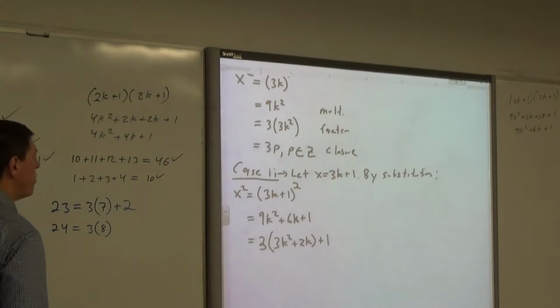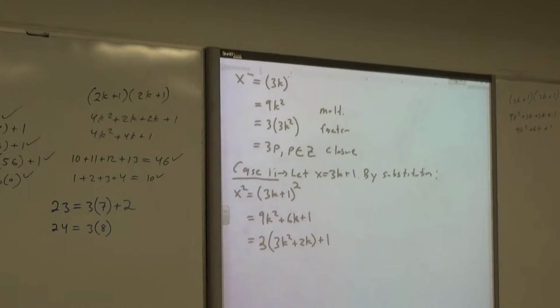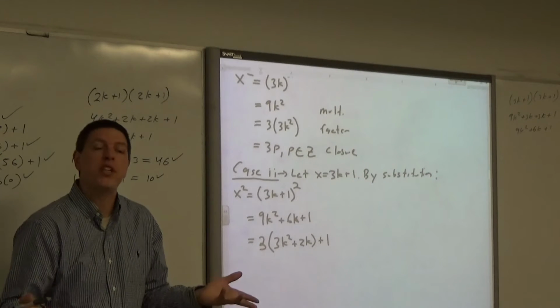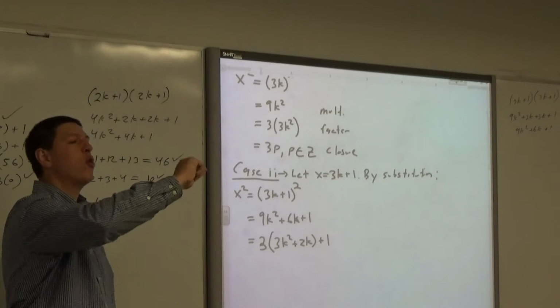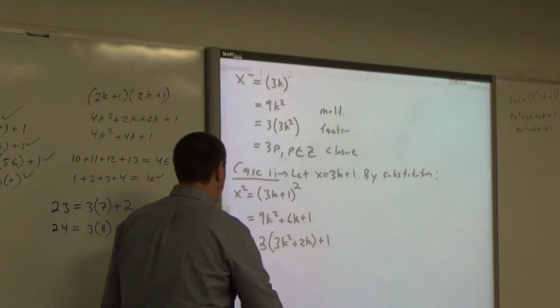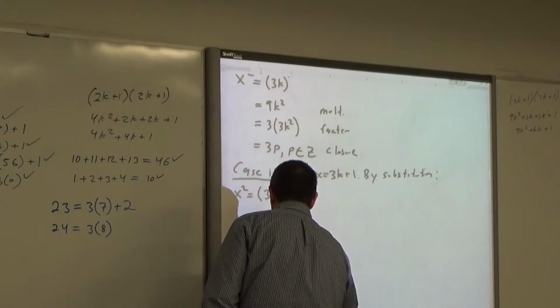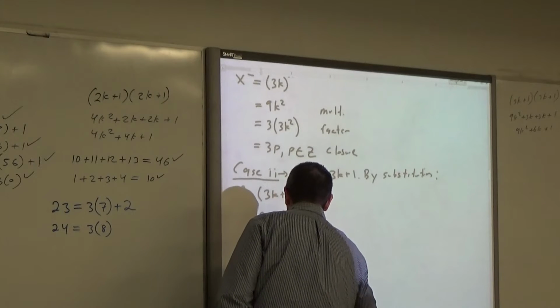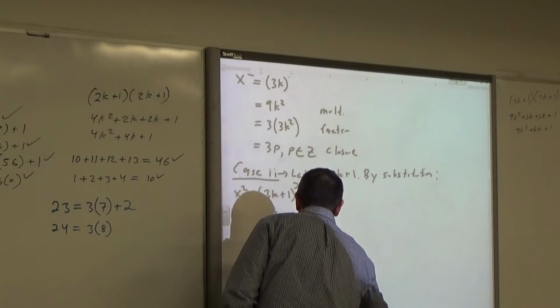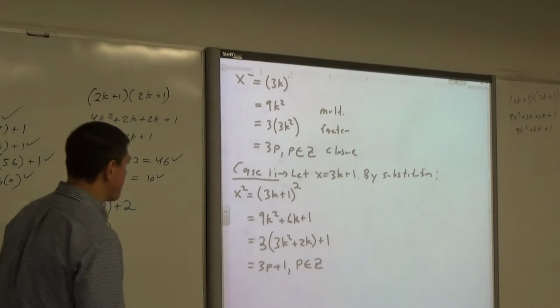Good. And then, guys, what does this equal? 3p plus 1, right, guys? And that's one of the two forms that we wanted to see. Remember, it's either 3k or 3k plus 1. So we could write this as 3p plus 1, where p is an integer.